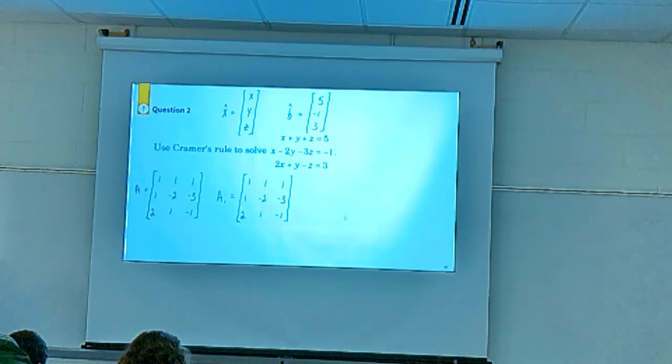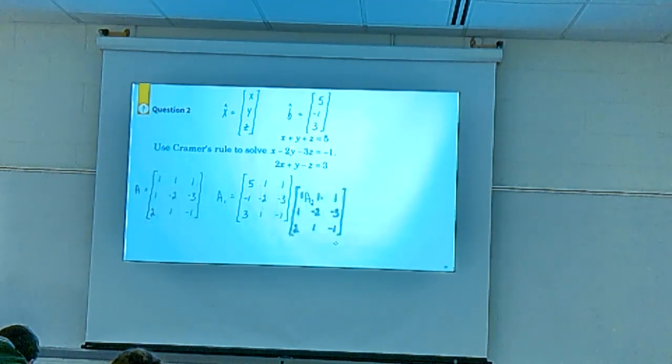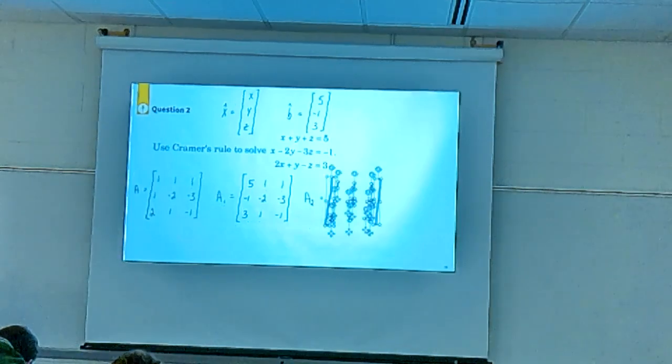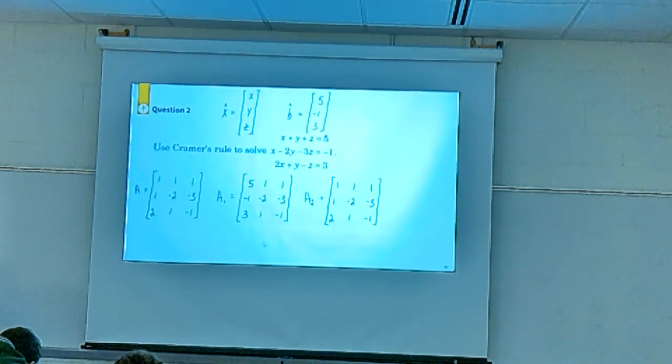A1. So what gets replaced with what? The first column is replaced with 5, -1, and 3. A2. Second column gets replaced with 5, -1, 3.